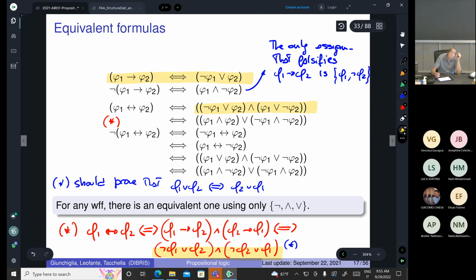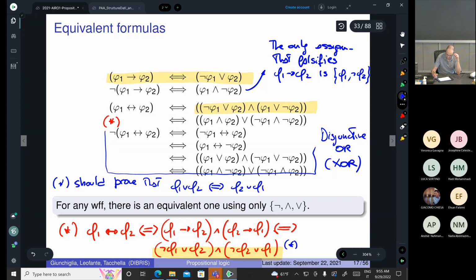And this is the negation of phi1 and phi2, and as you can see, it is equivalent to several other formulas. This is the exclusive, no, sorry, not disjunctive. Exclusive.